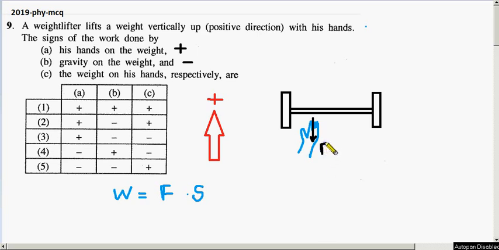So the force on his hands by the weight is directed downwards. But the weight moves upward, so that displacement is positive, this force negative. So negative times positive, the resultant is negative. So this one is negative. Then the answer we have to choose is positive, negative, negative. This third one is the answer.